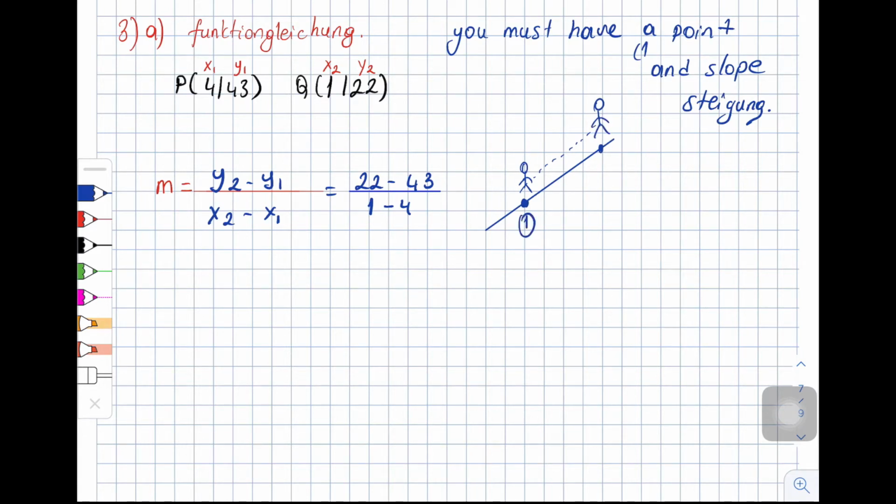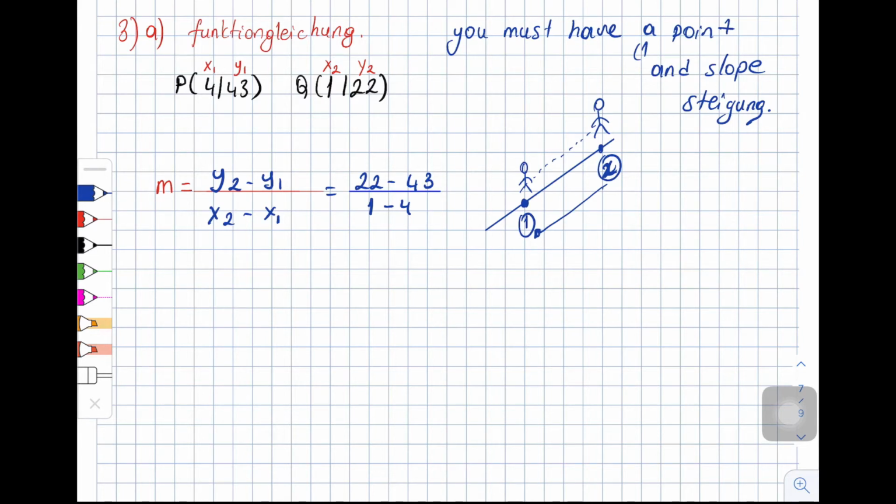You think that this is the first point, right? Yes. And then this is the second point, isn't it? Yes. How do you find the distance? You subtract second point minus first point, isn't it? Yes. That's why we always do second point minus first point to find the difference.